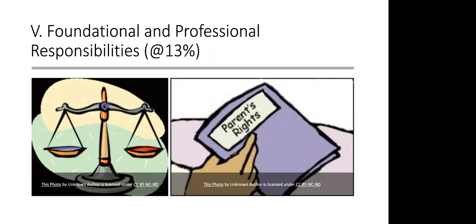It's going to take up about 13% of the exam, and you may have as many as 16 questions on this particular section. In this section, we're going to be talking about professional responsibilities of the special education teacher, as well as law questions, questions pertaining to special education law.